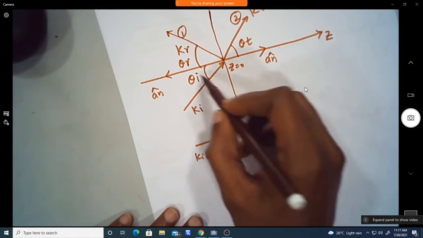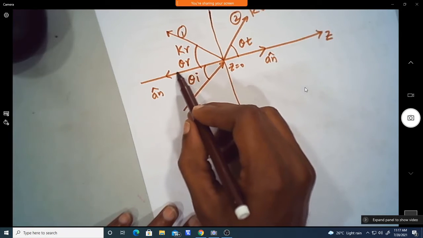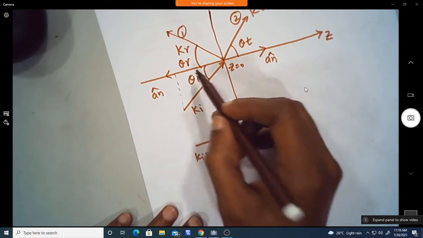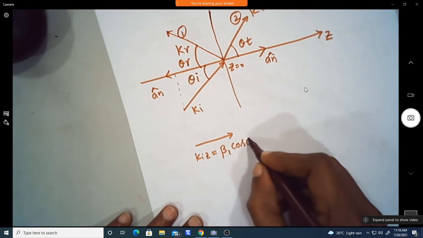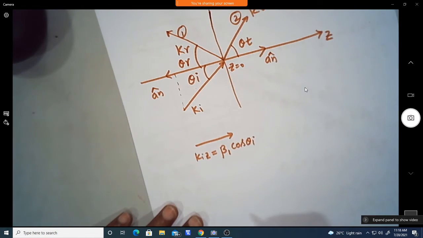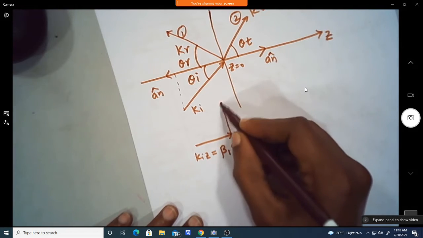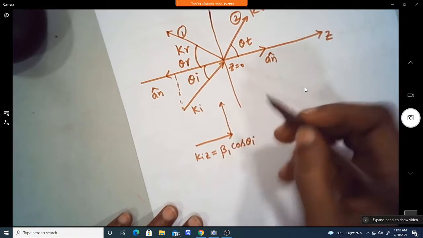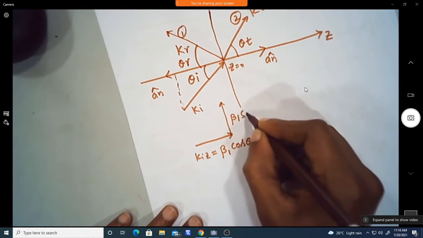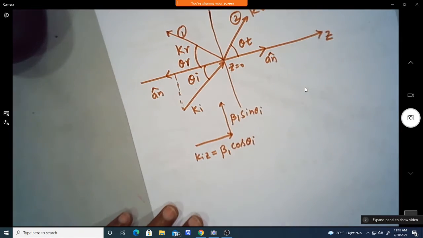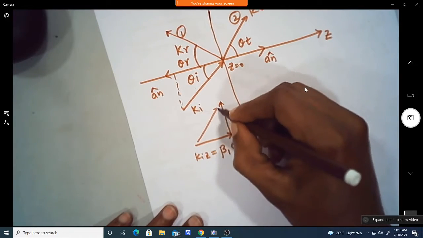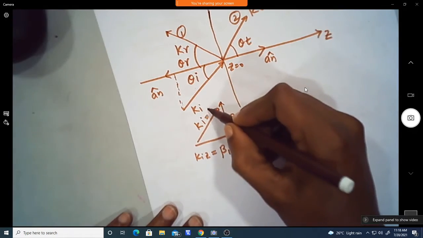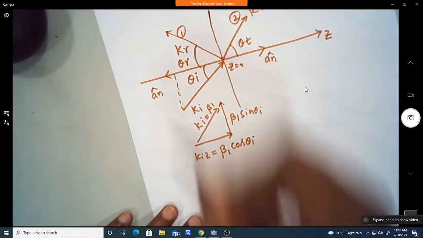Since this is theta i, this component is beta 1 cos theta i. Similarly, the normal component, which is opposite to the incident angle, is beta 1 sin theta i. The propagation vector ki is equal to beta 1 because it is in medium 1.